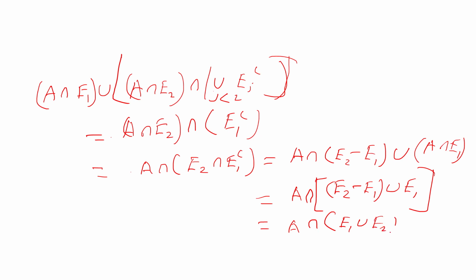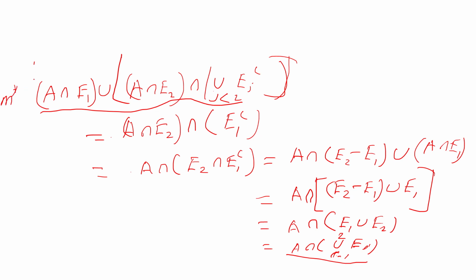So this you can write A intersection union I is running from 1 to 2 EI. You can write like this. That means this term is exactly equal to this term. Right? Therefore, outer measure of this one must be equal to outer measure of this one. Alright, that you have. That is for when n is equal to 2.